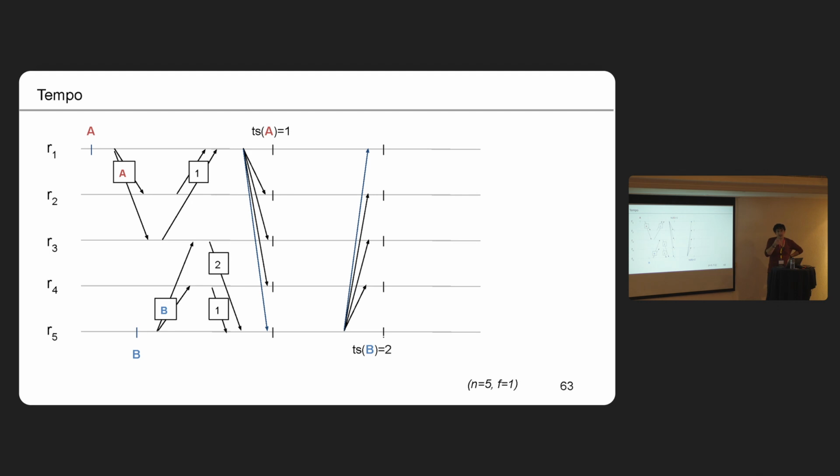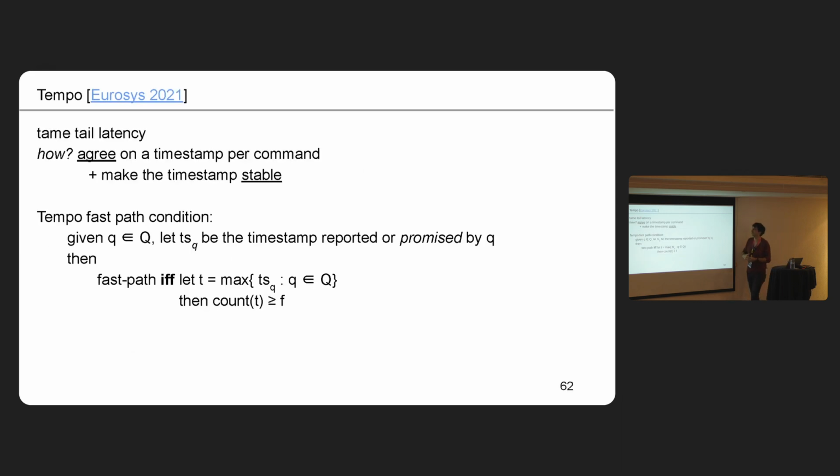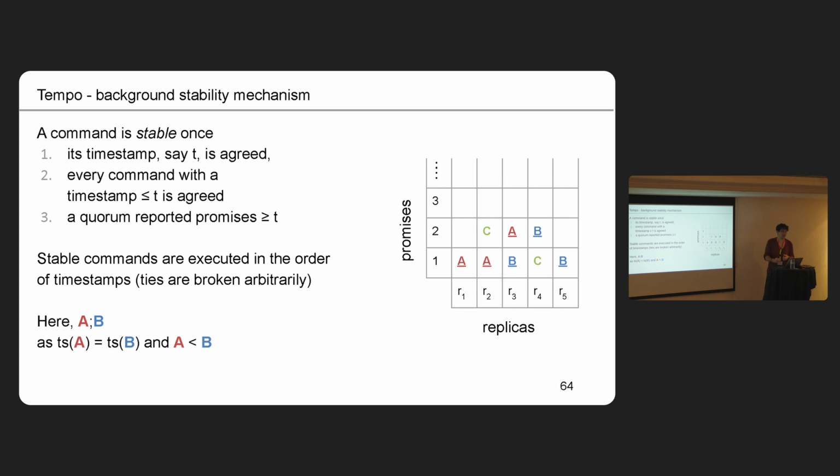Okay, and then there is the agreement on the timestamps, but it's not sufficient, because I said you need two things. First, you need to agree on the timestamp, the order in which you will execute a command, but then you need to wait for stability. And stability means that you know all of the commands that can have a lower timestamp. You know all of them locally.